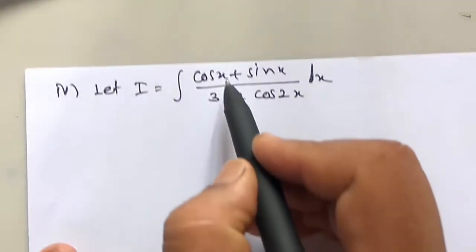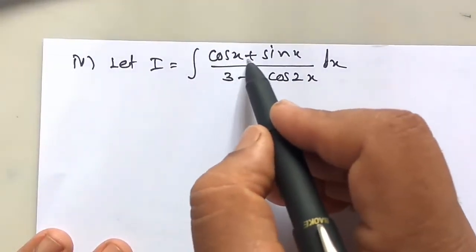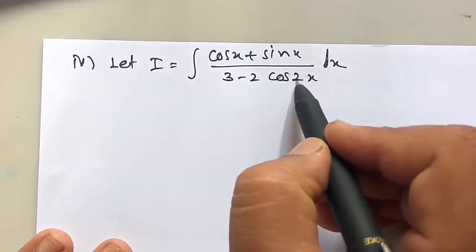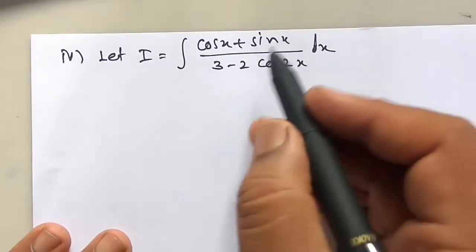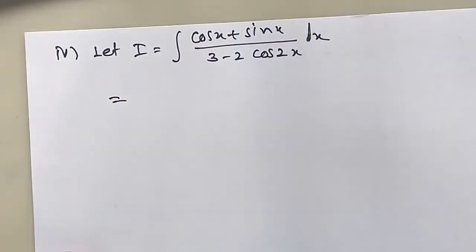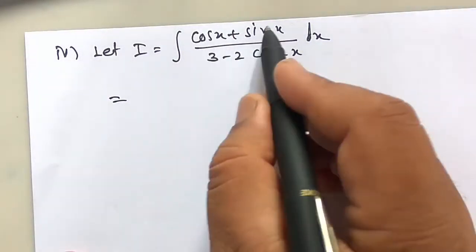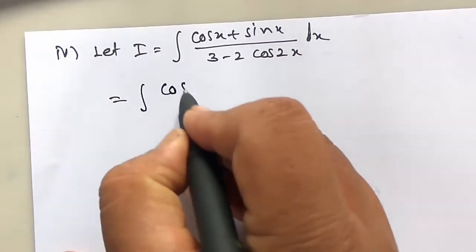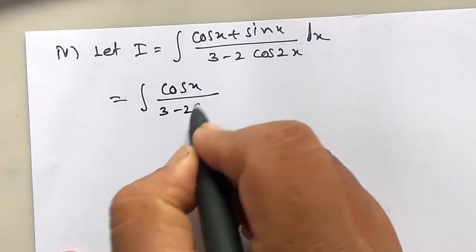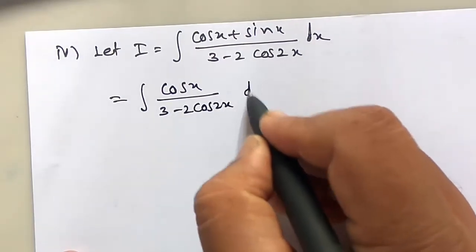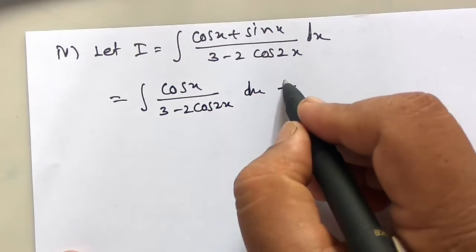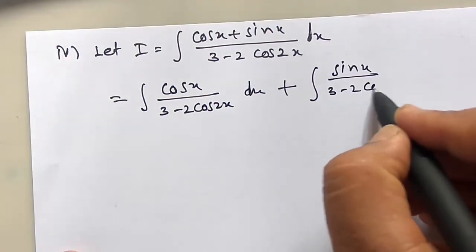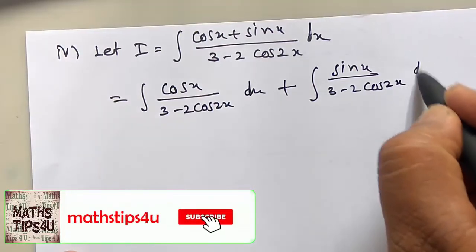let I is equal to integration of cos x plus sin x upon 3 minus 2 cos of 2x is equal to, now we separate the numerators, that is dividing into each term of the numerator. So it is cos x upon 3 minus 2 cos of 2x dx plus integration of sin x upon 3 minus 2 cos of 2x dx.